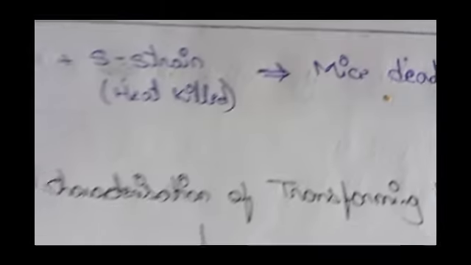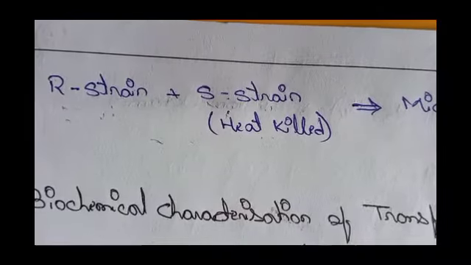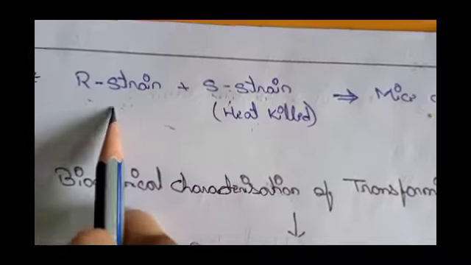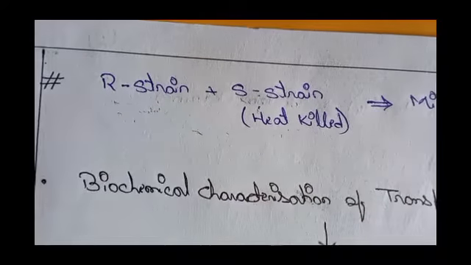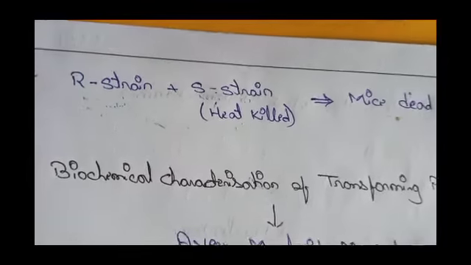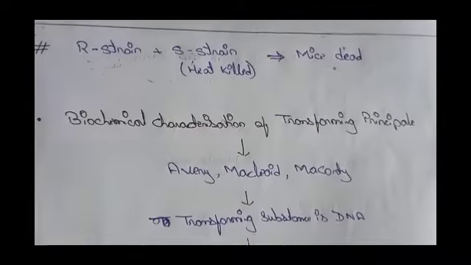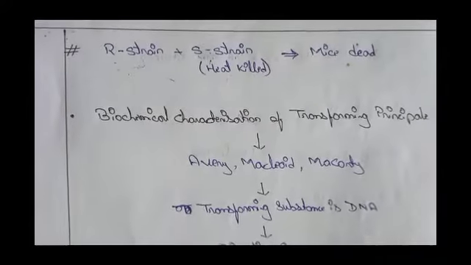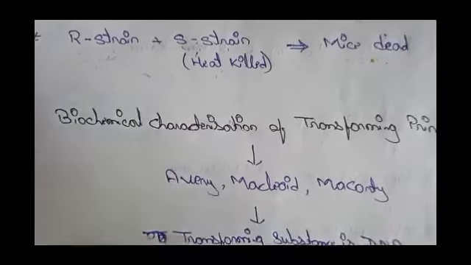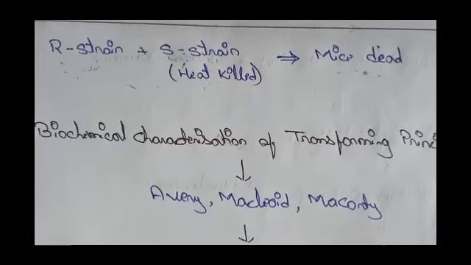The answer is that when the S strand is heat killed, it transformed the R strand, which then killed the mice. So the actual solution is that the mice died because of this transforming principle.